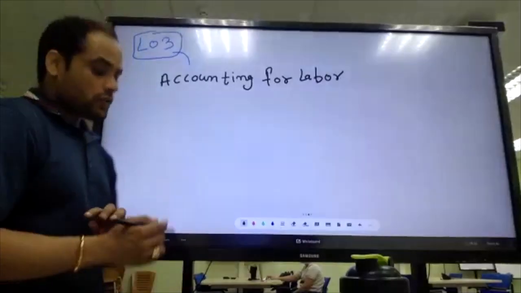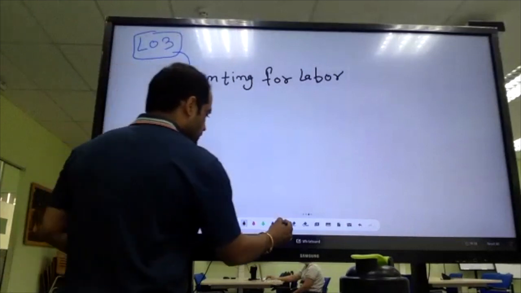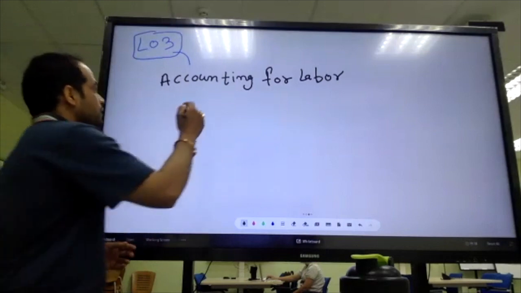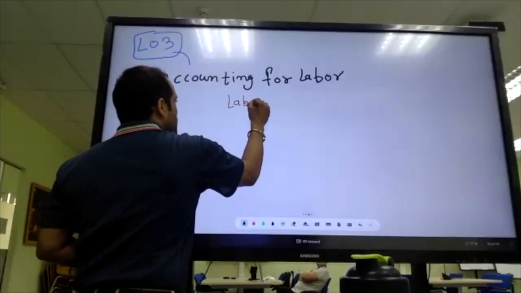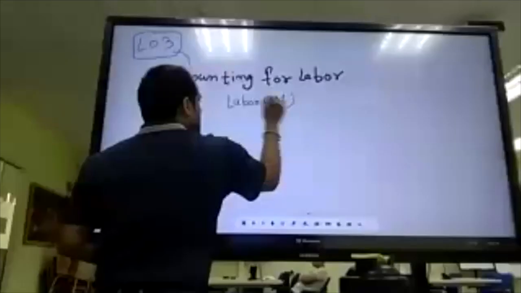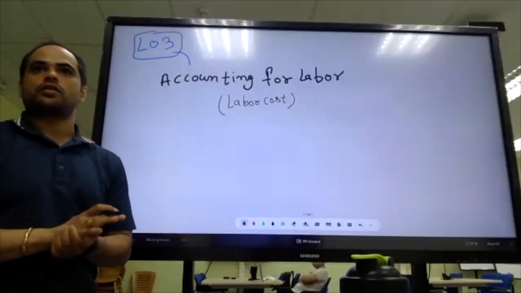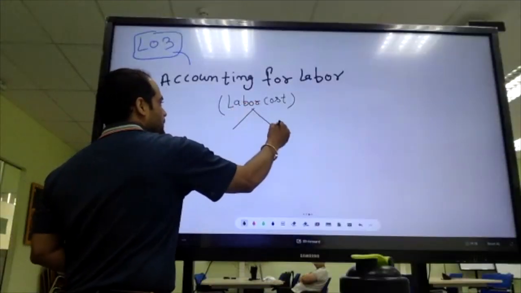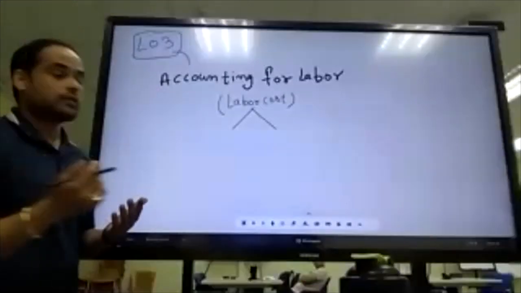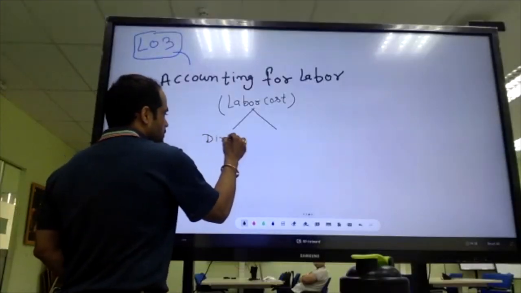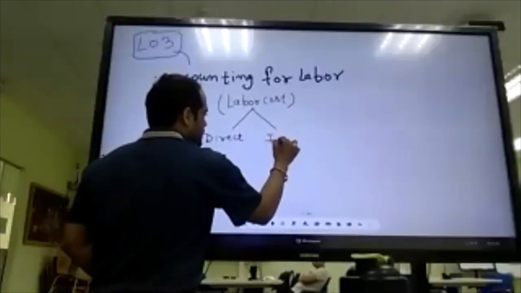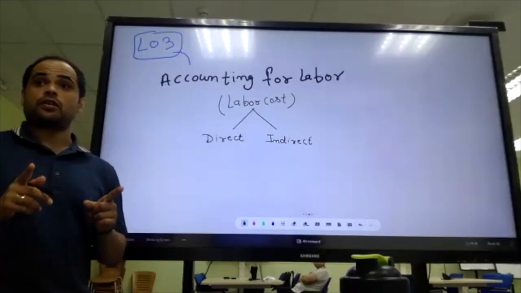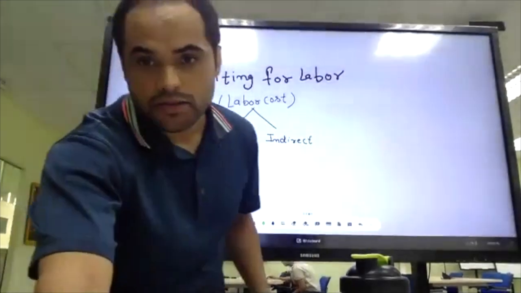Okay. So, accounting for labor. In accounting for labor, we have a labor cost. Now, there are two types of labor cost, you know that: direct labor cost and indirect labor cost.